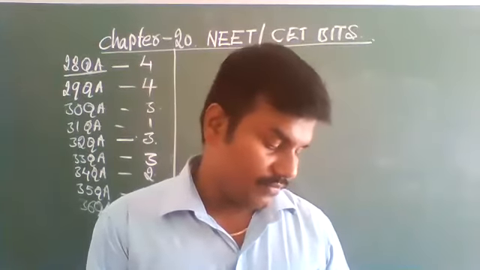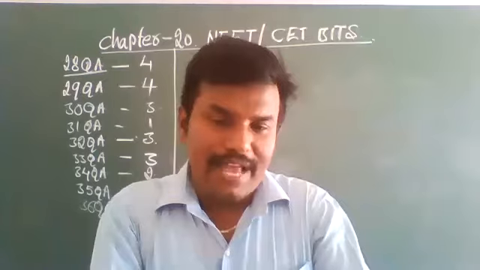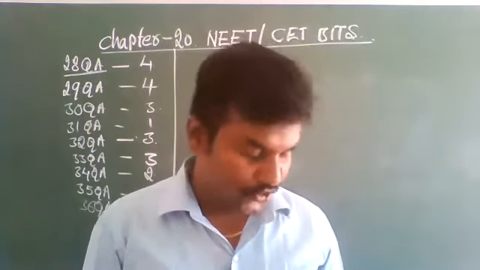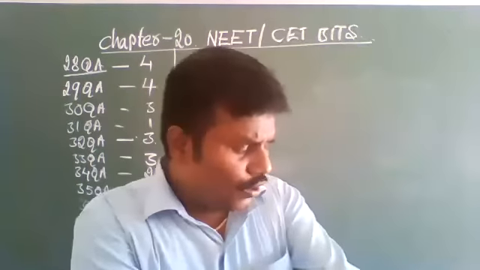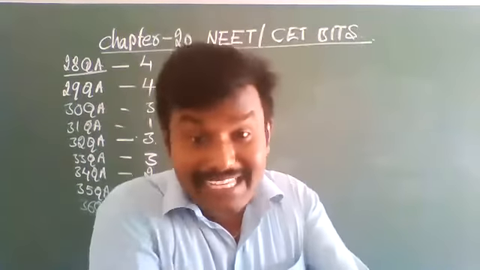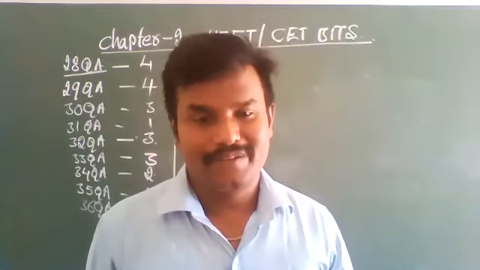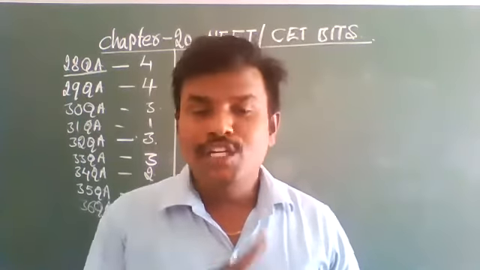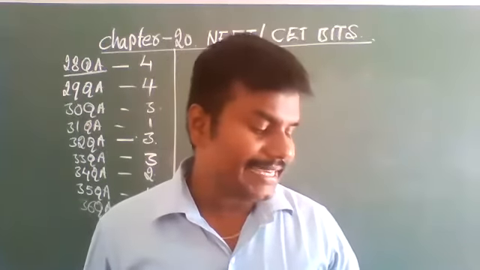Compound fracture, bone out of the skin. In compound fracture, the bone completely comes out. That is called compound fracture. Option 1: the bone will come out, the muscle is cut, but the blood vessels are not cut. So according to the question, the correct answer is not 1. Let us see green stick fracture.